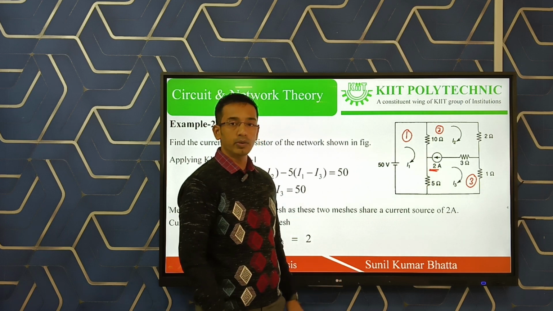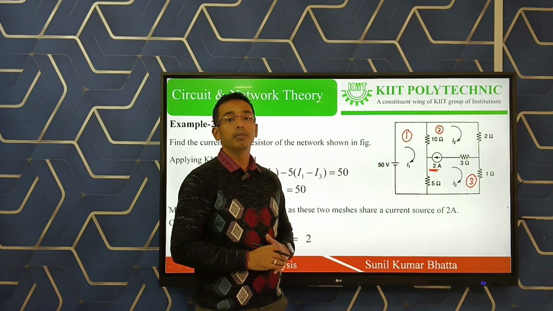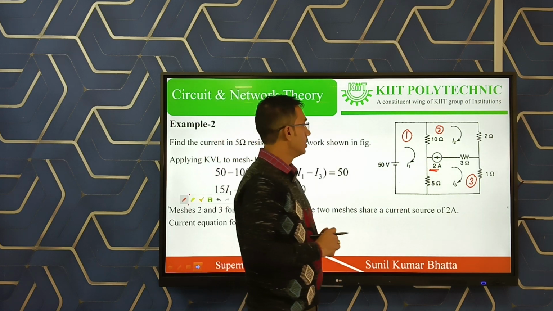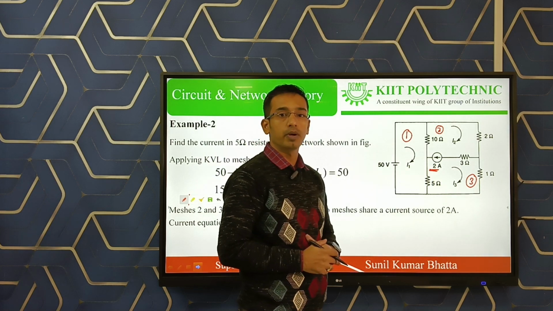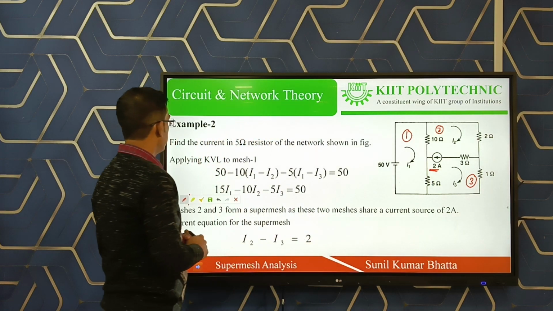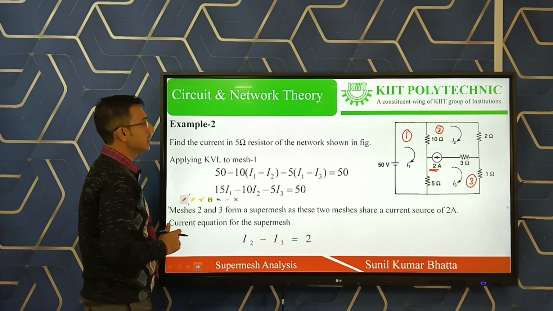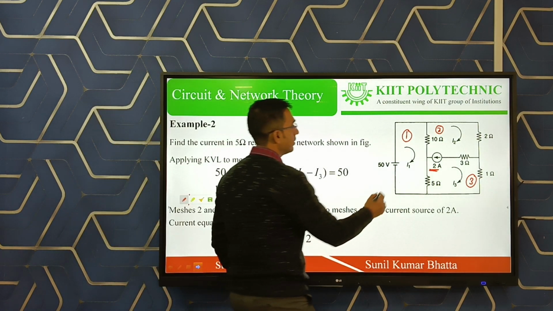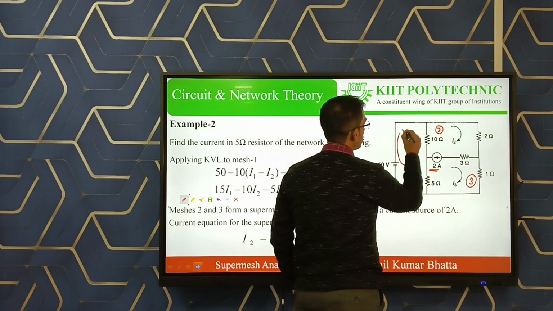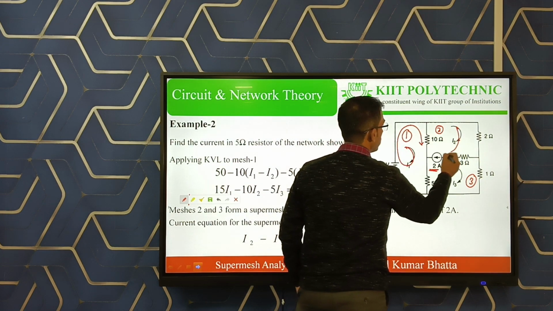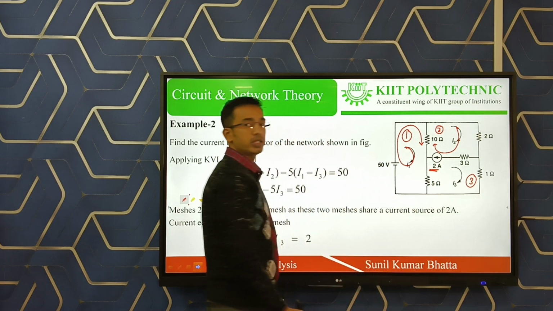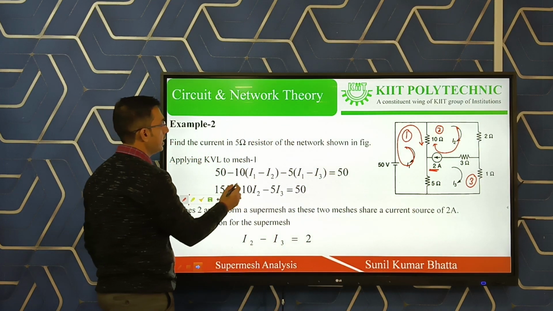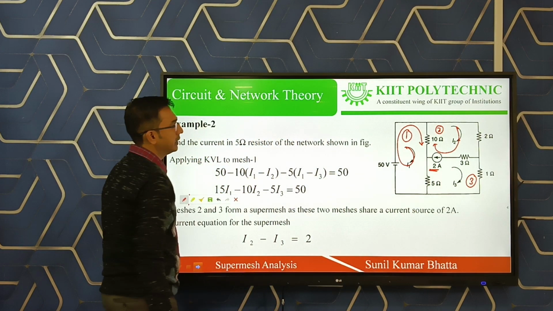First we will write the equation for the mesh which is not a super mesh. Here mesh 1 is not a super mesh. For this mesh, the equation is 50 minus 10(I1 minus I2), because in the 10 ohm, I1 is flowing and I2 is also flowing in the opposite direction.